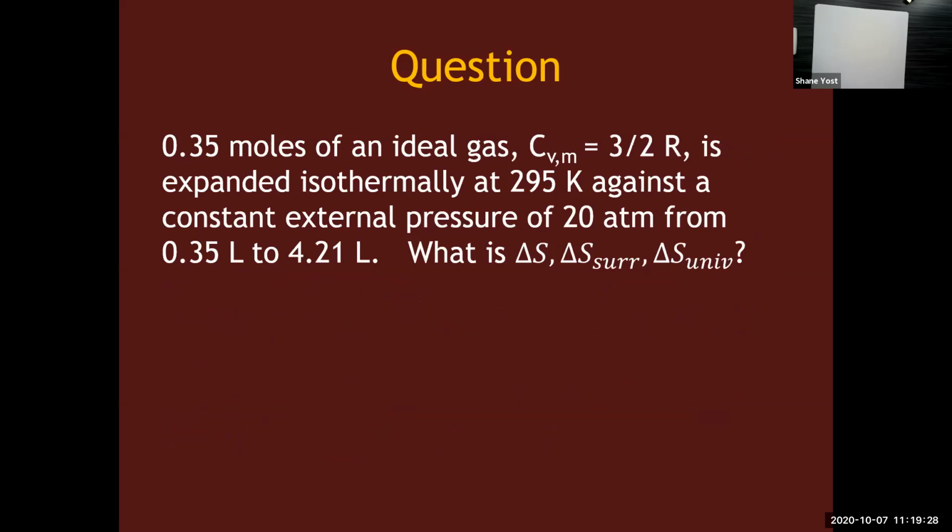That's why delta S of surroundings is different. My surroundings is different between the two problems. In one problem, my surroundings has a pressure of 0.8 atmospheres. In this problem, the surroundings has a pressure of 20 atmospheres. So already you can see the surroundings is different.